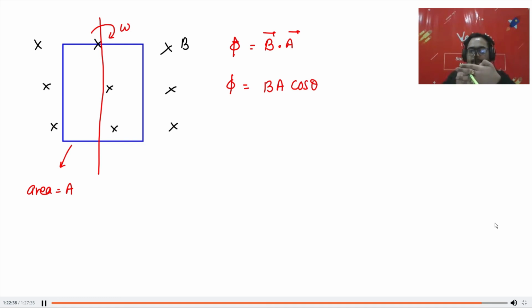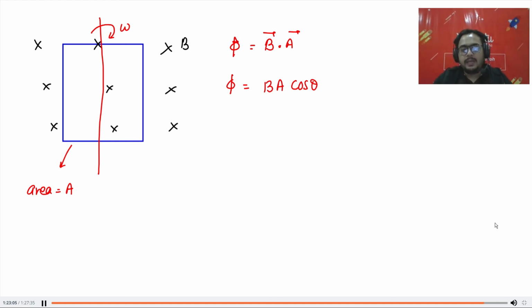I am rotating about this axis. Magnetic field is fixed like this. Initially area vector is in the direction of magnetic field, but if you rotate, there will be some angle between them. Can you tell me what angle will be created after time t? It will be simply omega t.